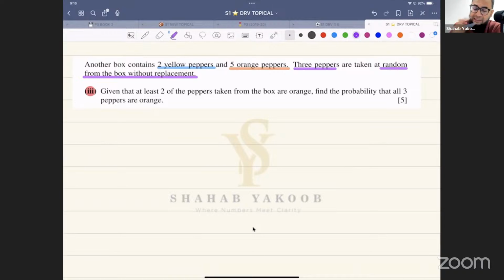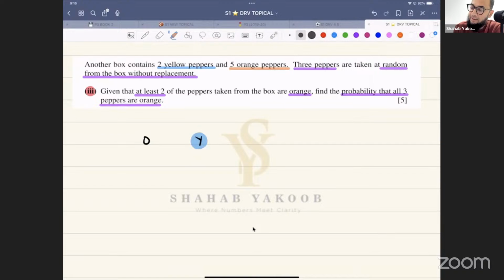Now it says, given that at least 2 of the papers taken from the box are orange, find the probability all 3 papers are orange. I'll draw a simple table.